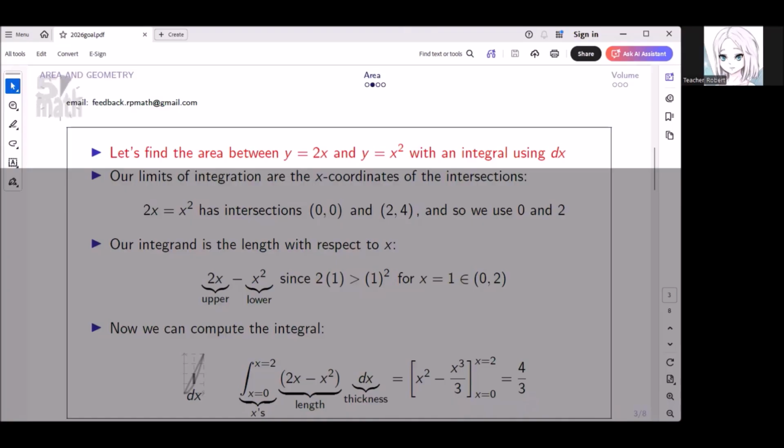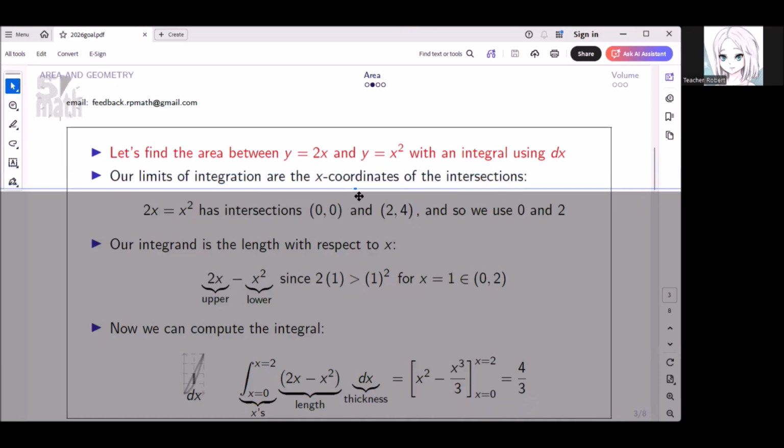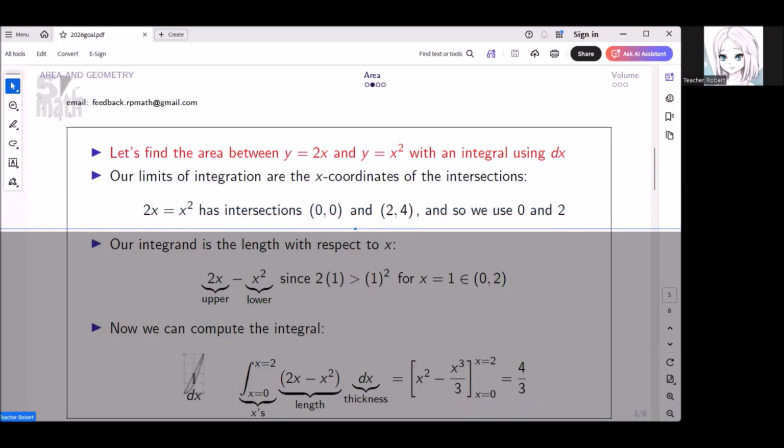Let's find the area between y equals 2x and y equals x squared with an integral using dx. Our limits of integration are the x-coordinates of the intersections. 2x equals x squared has intersections (0, 0) and (2, 4), and so we use 0 and 2.